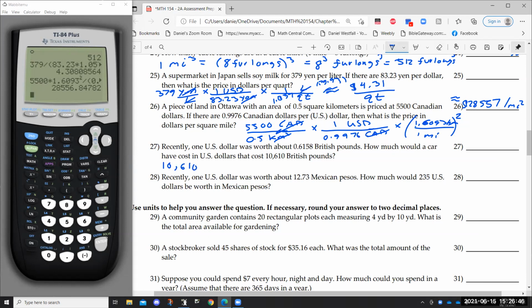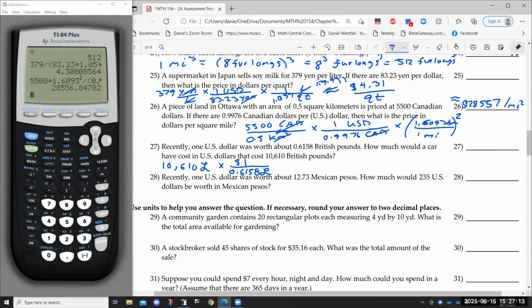British pound looks like a fancy L. If I remember right, I think it's like this for British pound times 0.6158 pounds is $1 US.